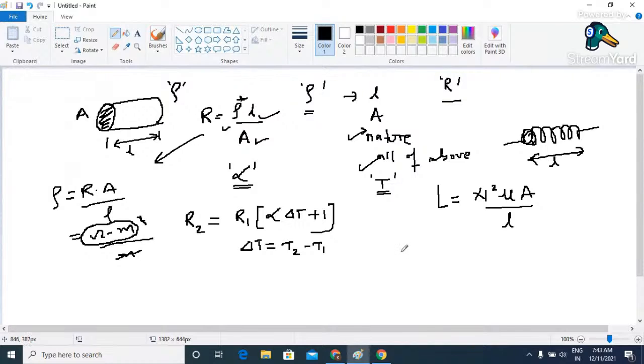In the same way we can calculate capacitance C, which is given by epsilon A by D, where epsilon indicates the permittivity, and capital A indicates the cross-sectional area.